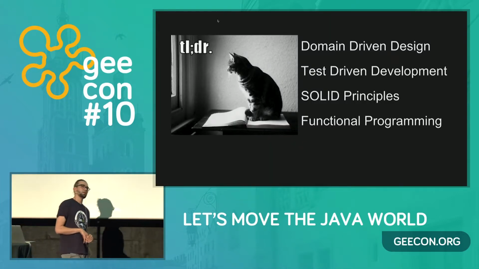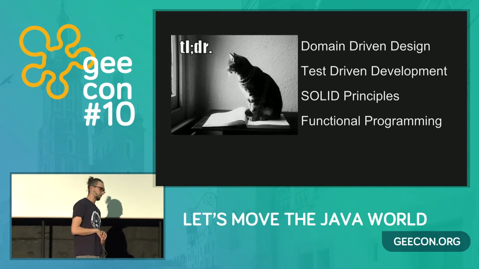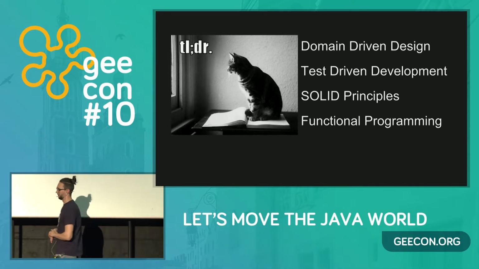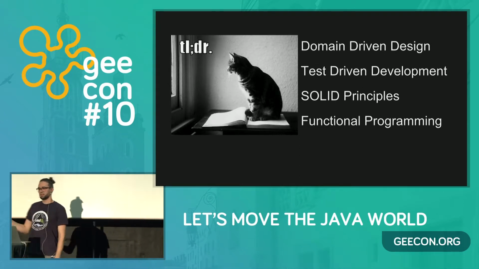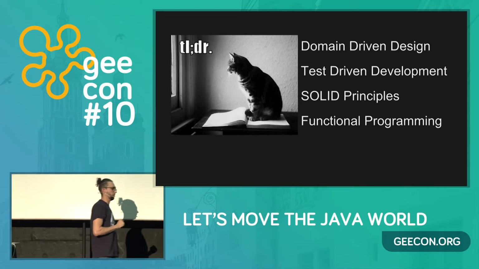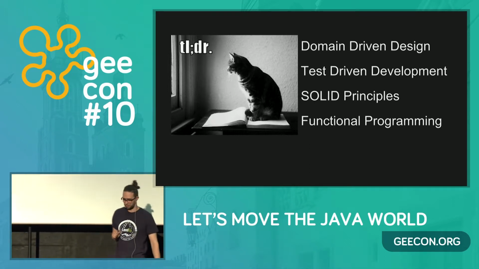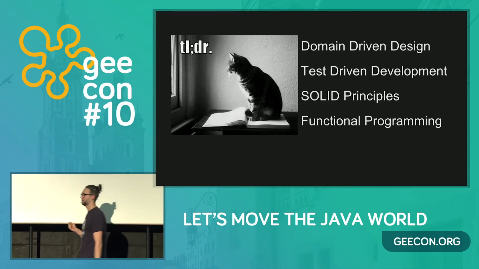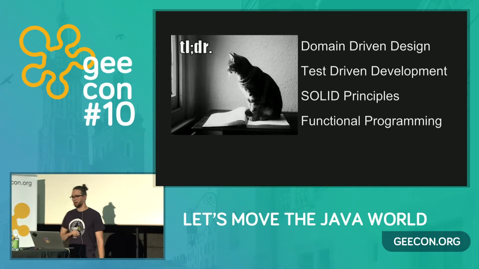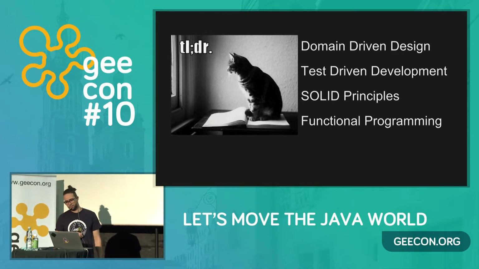In case you were planning to leave early or fall asleep in 5 minutes from now, I just want to convey this little message. Domain-driven design, test-driven development, SOLID principles, which are also called object-oriented programming, but I'm not using this concept because it's very overloaded and it's got a somewhat bad reputation. And functional programming.